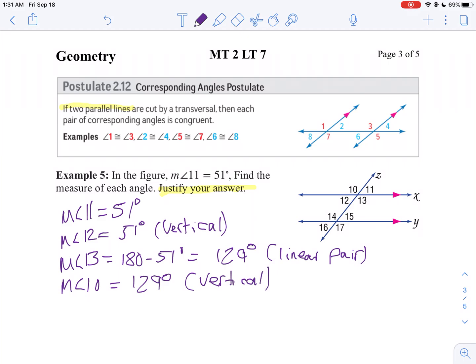Now, let's skip down to the other line. Let's find the measure of angle 14. Well, angle 14 corresponds to angle 10. Since angle 10 is 129 degrees, angle 14 is 129 degrees.